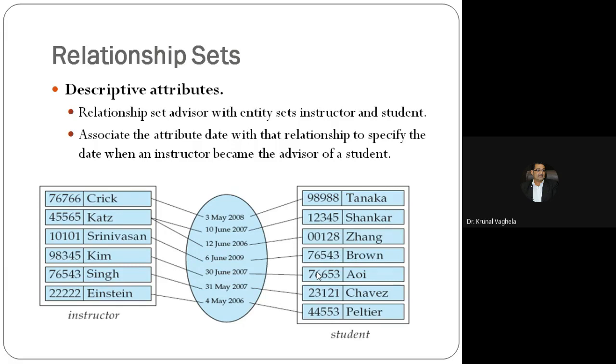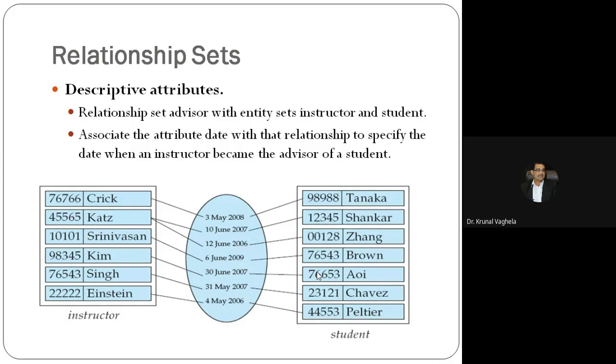A relationship set advisor with the entity sets instructor and student. Now we have seen the relationship advisor between instructor and student. Associate the attribute date with the relationship to specify the date when the instructor became advisor of the student.